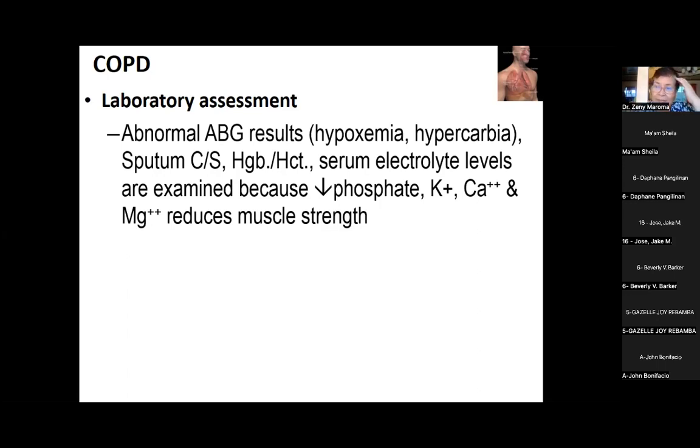Altered perfusion sa brain, altered renal perfusion. We decrease oxygen in the kidney. Di ba? There'll be renal hypoxia. Then, the kidney will produce erythropoietin. Erythropoietin will stimulate the bone marrow to produce RBC.